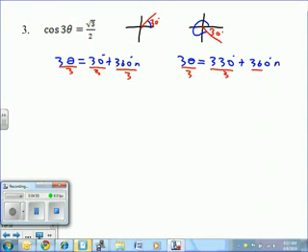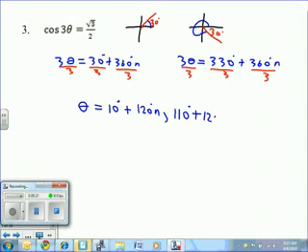And so we end up with theta equals 10 degrees plus 120n, and 110 degrees plus 120n.